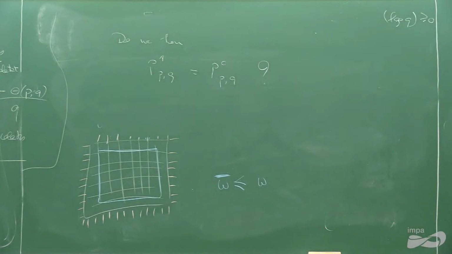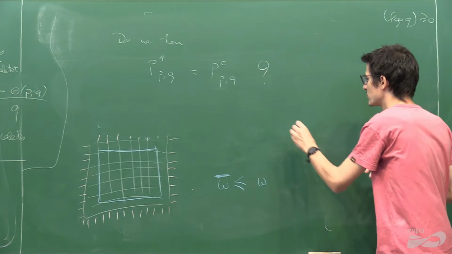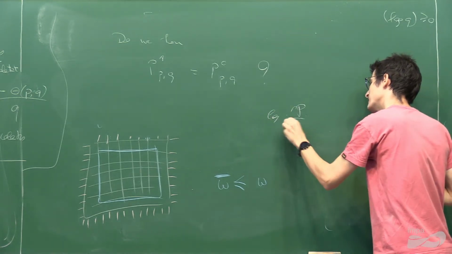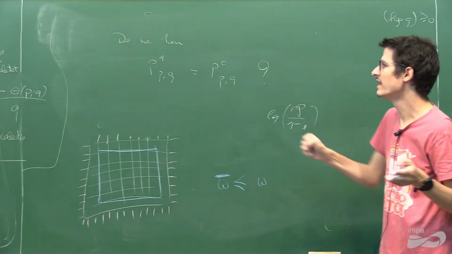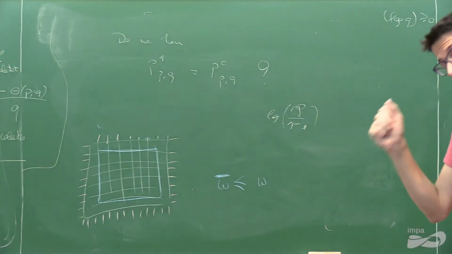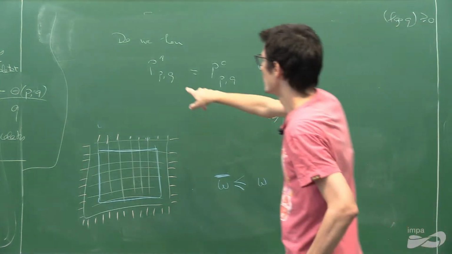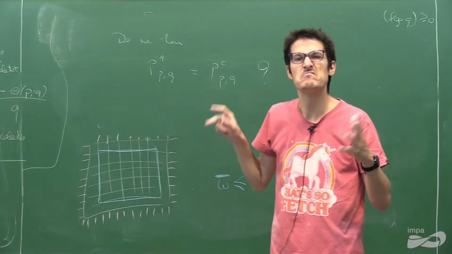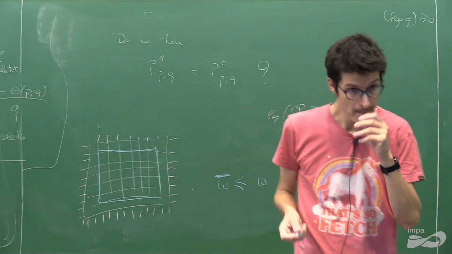If you look at the free energy of the model as a function of log p over 1 minus p, this is a convex function, and therefore it has to be differentiable almost everywhere. And the derivative of the free energy really corresponds to the density of edges for this measure. Therefore, if they have the same density of edges, the two things must be equal, by the same argument as for the Ising model.